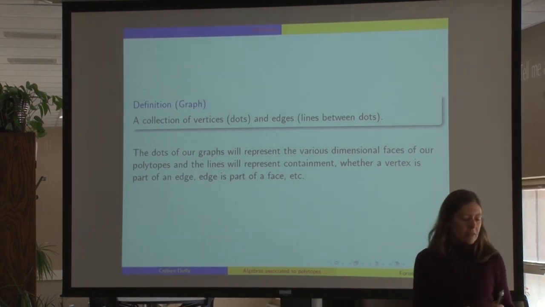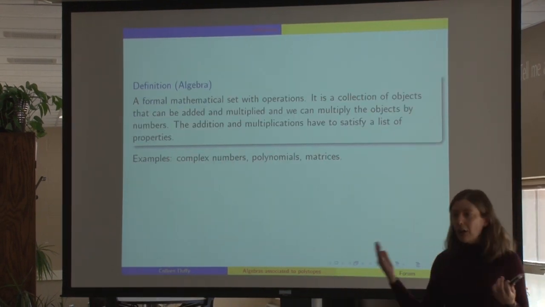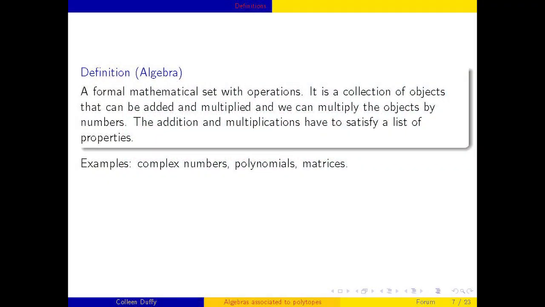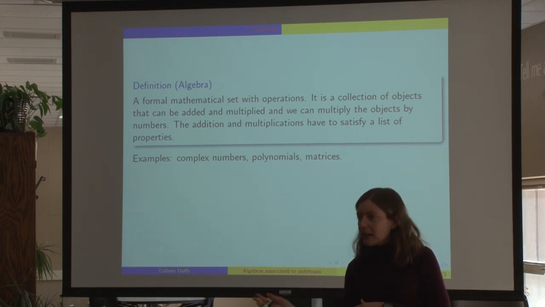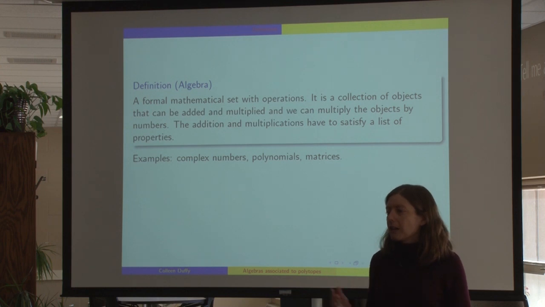So we're looking at these graphs, and we're making algebras out of these graphs. And so algebra is not only your favorite subject in school, but it's also a mathematical object. So it's a mathematical set with operations. It's a collection of objects that can be added together, multiplied together, as well as we can sort of multiply by a number.